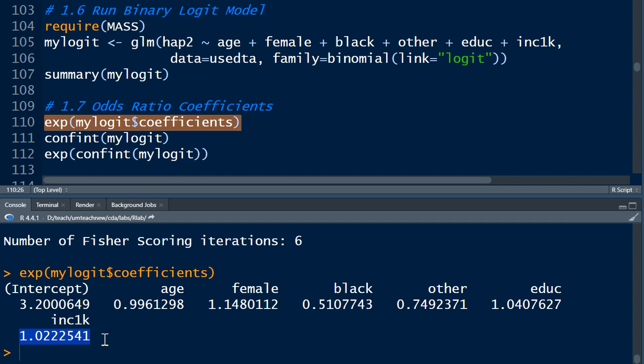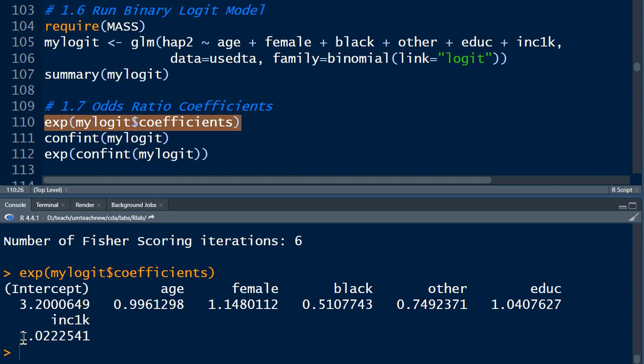So again, let me repeat. Holding all other variables constant, a net of the effects of all other covariates, for each unit increase in x, what is that unit? $1,000 in income. We would expect the odds of being happy to increase. Why increase? The odds ratio coefficient is greater than 1.